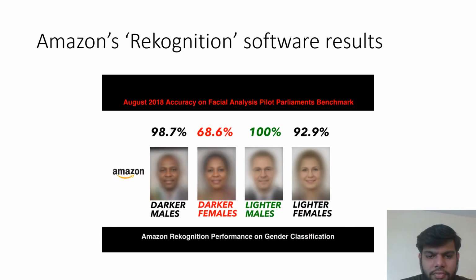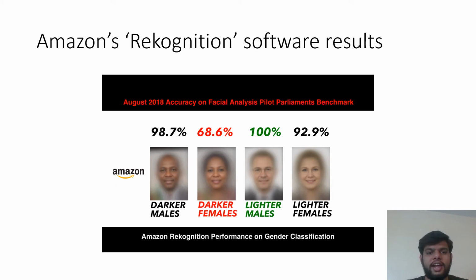As earlier, this slide shows the test results for Amazon's Rekognition software. It shows that lighter males had 100% facial recognition accuracy, while darker females had only 68.6% accuracy, which is the lowest.